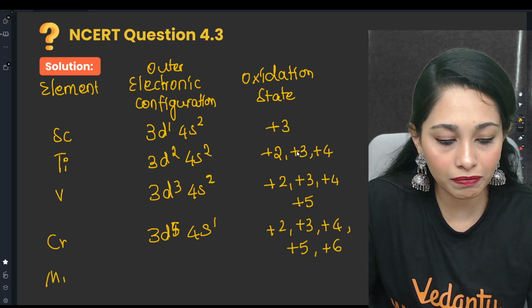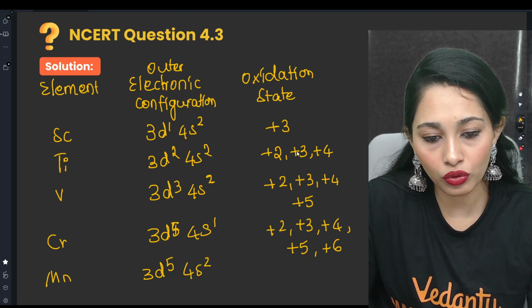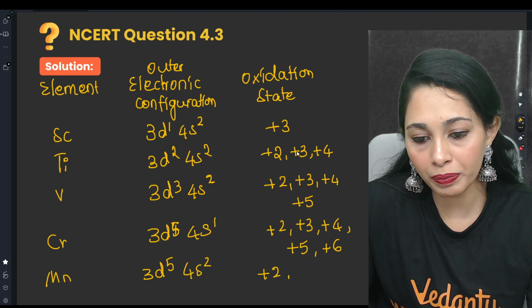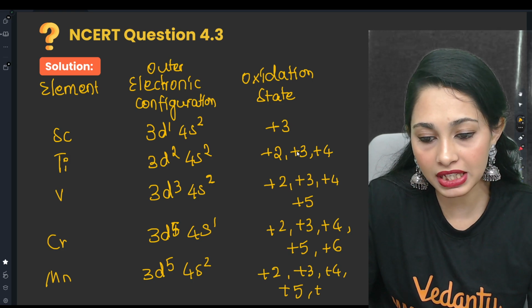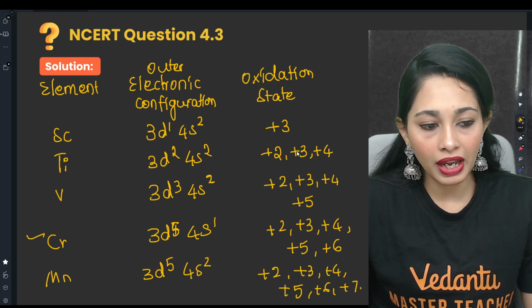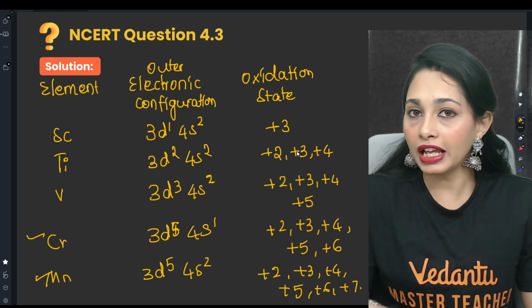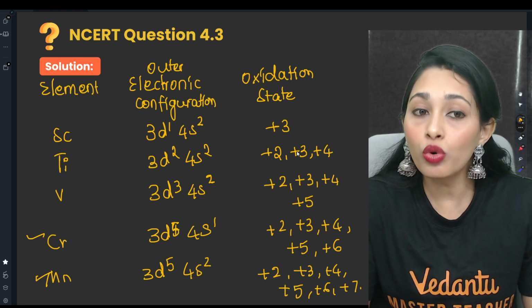And then we have manganese 3d5, 4s2. So it is going to show +2, +3, +4, +5 and +6 as well as +7 oxidation state. Here chromium and manganese have half-filled 3d orbitals, so they are more stable.